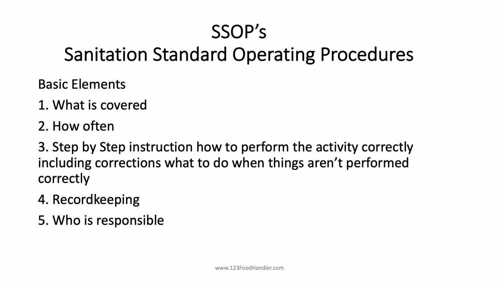There should be a record-keeping program in place, and who is responsible for the activity or the procedure. SSOPs are required under meat and poultry regulation. You'll see it in detail in 9 CFR 416.